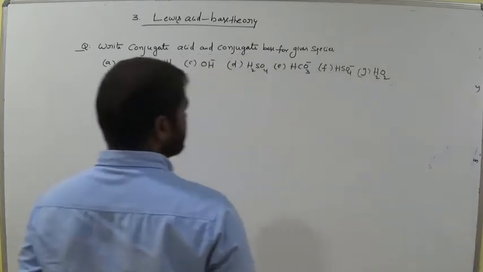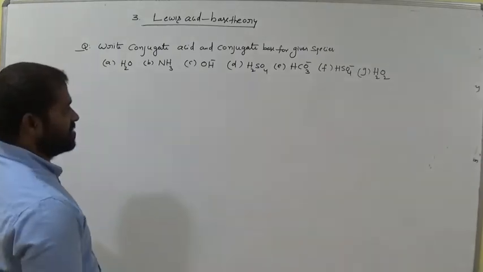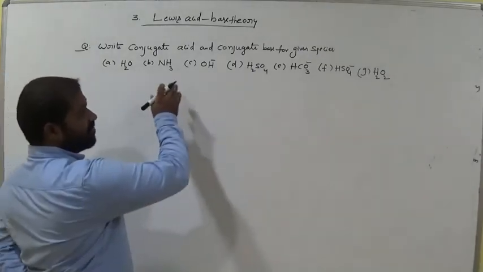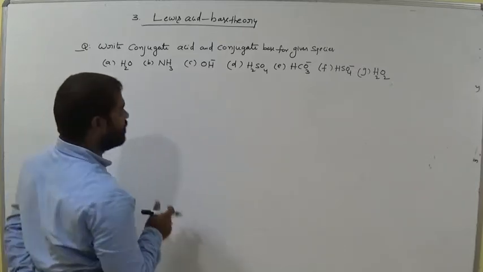So now write conjugate acid and conjugate base for given species. Now write conjugate acid also, conjugate base for each component here.